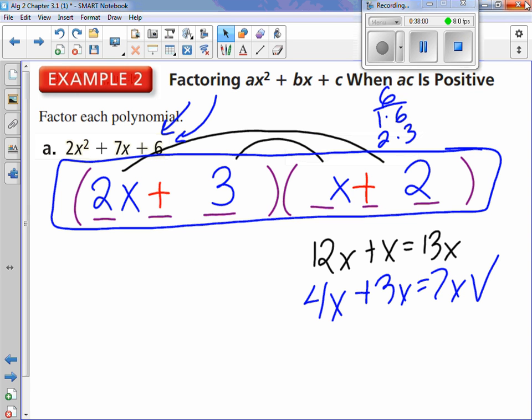Now, the other question you might have is what happens if they all fail? Is that a possibility? And yes. Because there are going to be quadratics that we cannot factor. We have to solve it a different way. And we're going to cover at least 5 different ways to solve these.